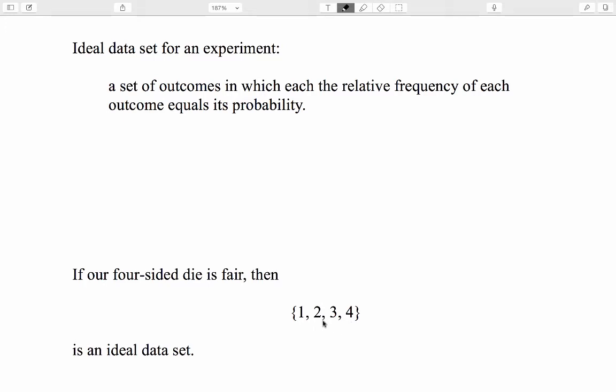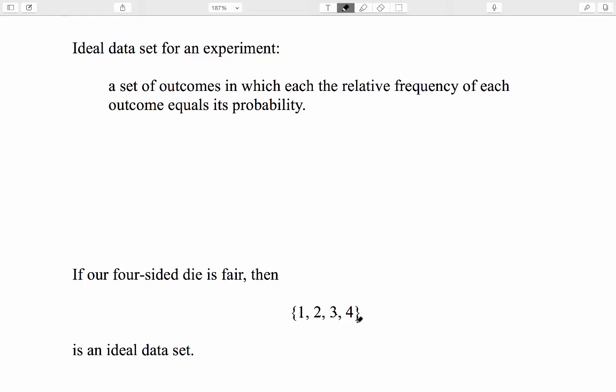Now, it's only because the die is fair that this is really an ideal data set, because in this set of results rolling 4 times, a quarter of all the outcomes here are 1. A quarter of the outcomes are 2, a quarter are 3, and a quarter are 4. That means that the relative frequency of each outcome equals 1/4, and that matches the theoretical probability of each outcome, which is also 1/4.